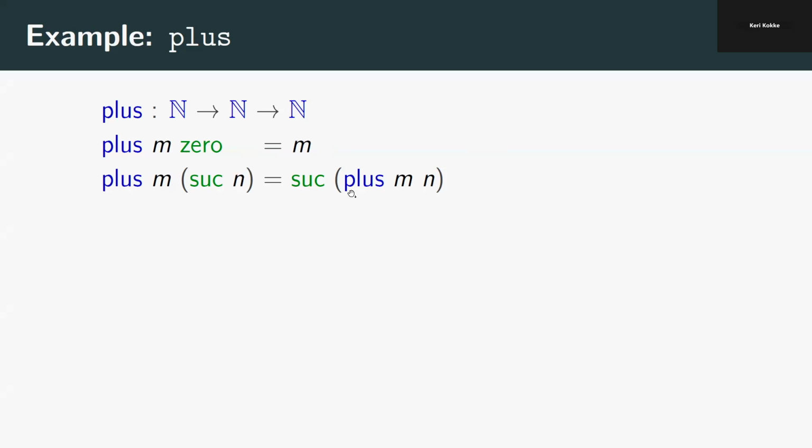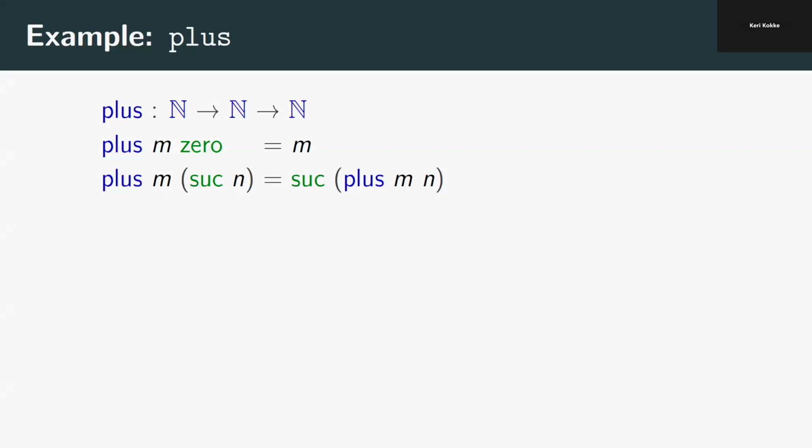But in the second case, it's not as clear, because to figure out how many times m is used here, we need to figure out how many times it's used by plus. And that is the whole question that we're trying to solve. So we might guess from the 0 case that it's used once, and then look at the successor case and see that, yeah, if plus uses m once, then this all works out, kind of.